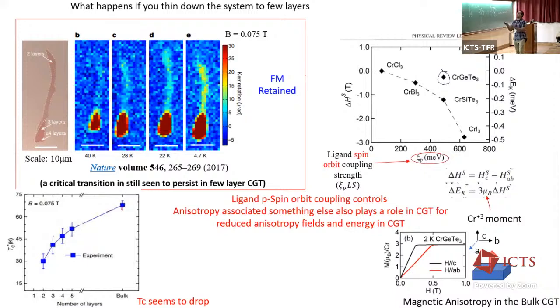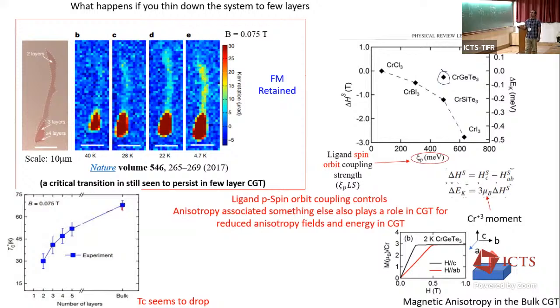There is a class of these materials, and if you plot the anisotropy field or the anisotropy energy, which is 3 μB times Hs for chromium, for the chromium class of materials against the ligand spin orbit coupling strength, then you find that as the spin orbit coupling strength increases, the anisotropy strength also increases.